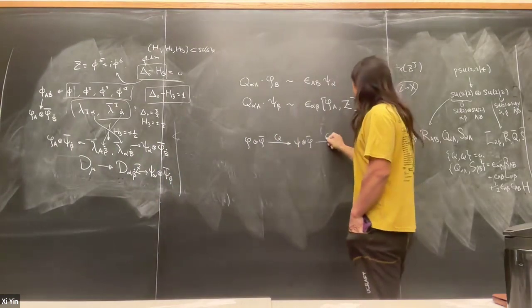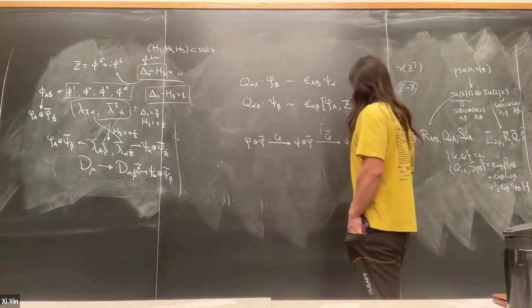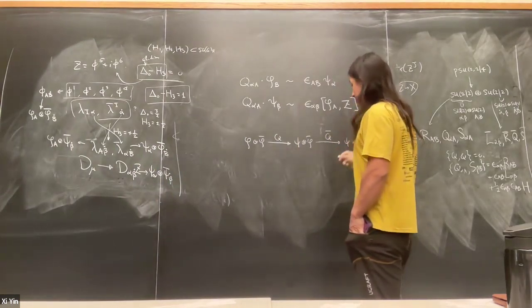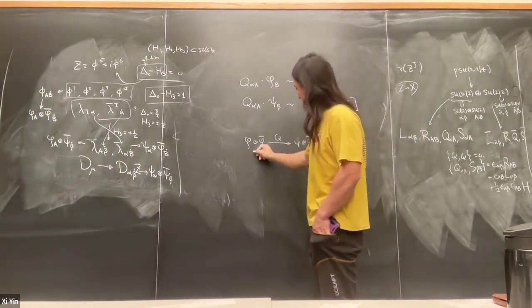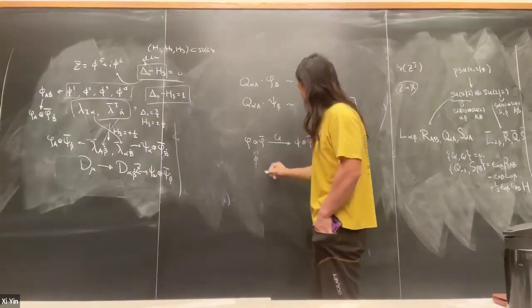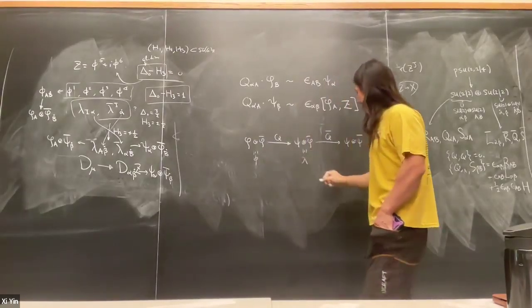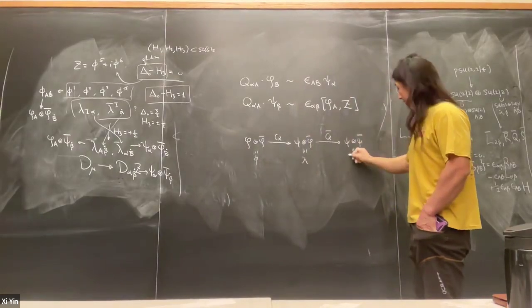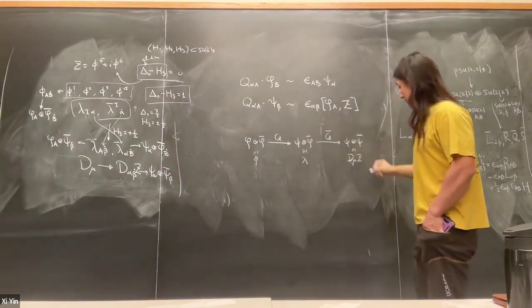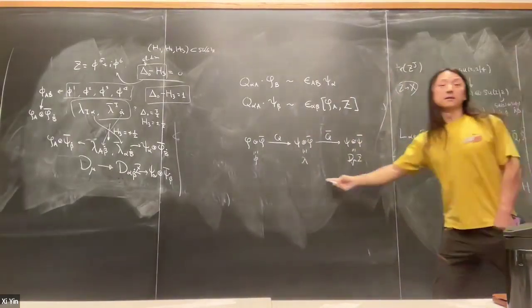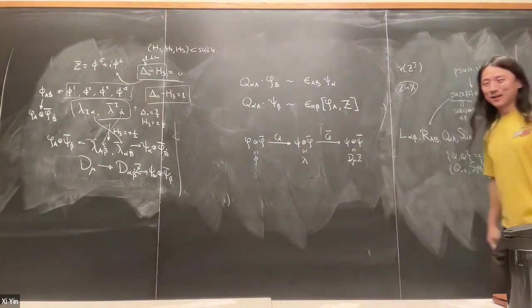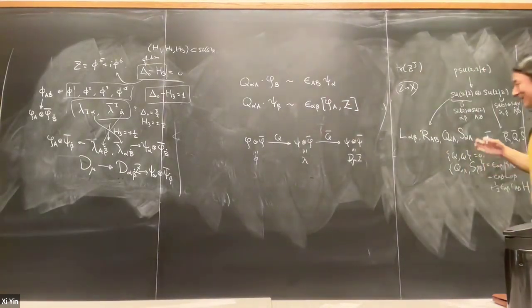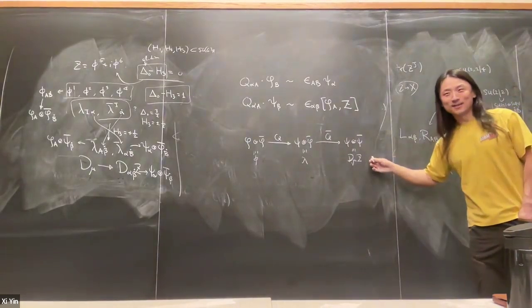But if you act on this with Q bar, you're going to get psi and psi. In the actual notation of the fields of the supersymmetric theory, this is the scalar field phi, this is the lambda, and this is D mu Z. You have to check that this actually works out. But the claim is that it does, otherwise the story would be nonsense. This is how you know that the SU(2|2) algebra actually holds. It's not totally trivial.